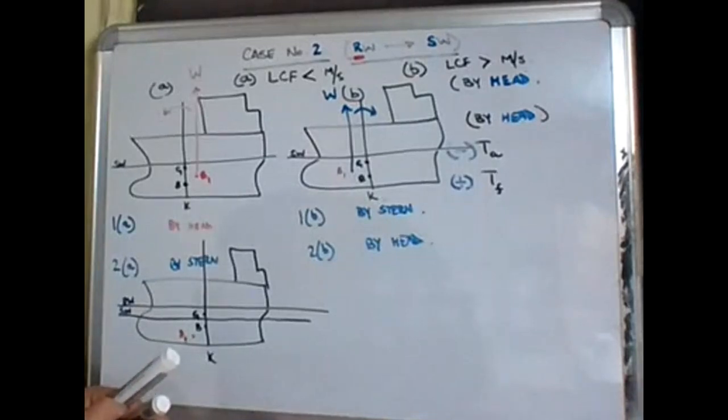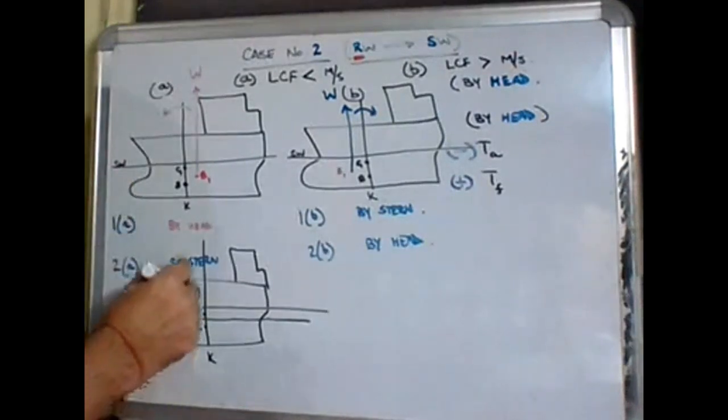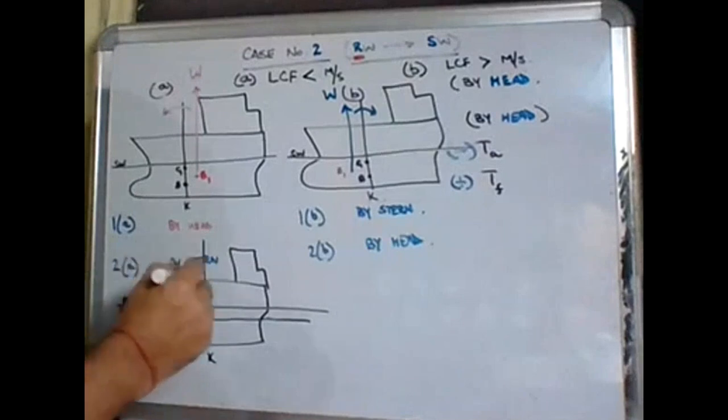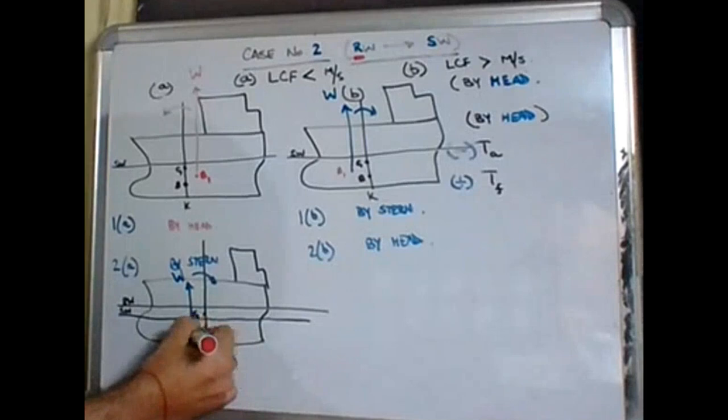Yes, sir. So therefore, my force of buoyancy will now act vertically upward like this, and that will give me a stern moment like this. So my B2 will be here. This will be my triangle.